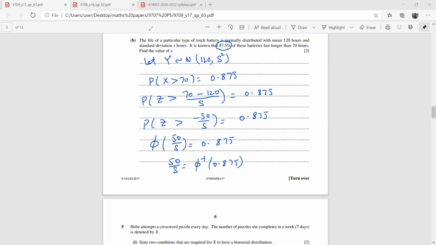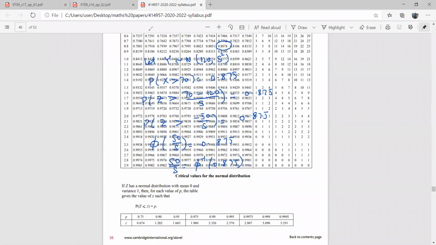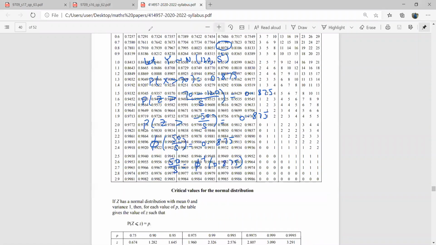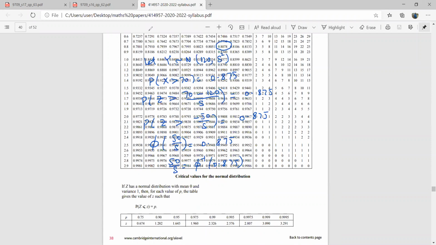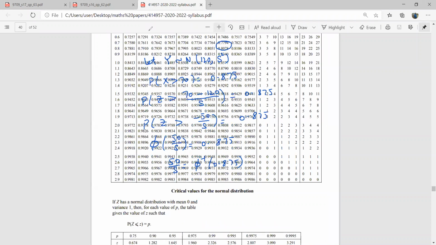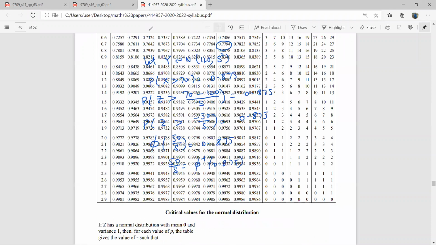Let's go to the table and see what phi inverse of 0.875 is. So where do I have this 0.875? Let me see. Okay, yes, 0.875 is somewhere very close to this.